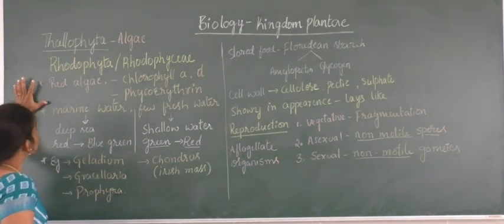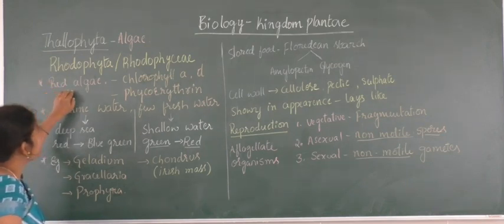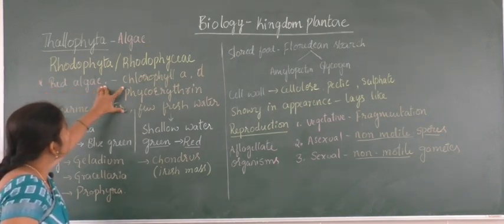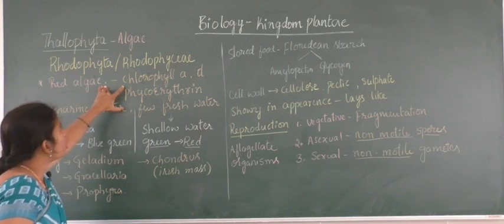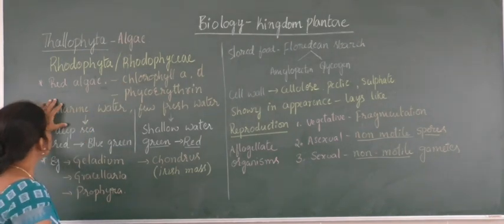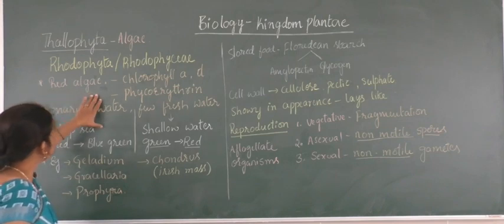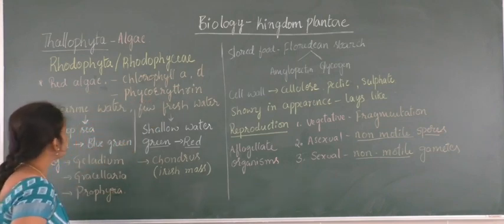See, the Rhodophyta is also called Rhodophyceae, where it possesses a red color, and that's why they are called red algae. They consist of chlorophyll A and D as predominant pigments and phycoerythrin as an accessory pigment, and they are present in aquatic habitats. That means they are present in both marine water and freshwater habitats.